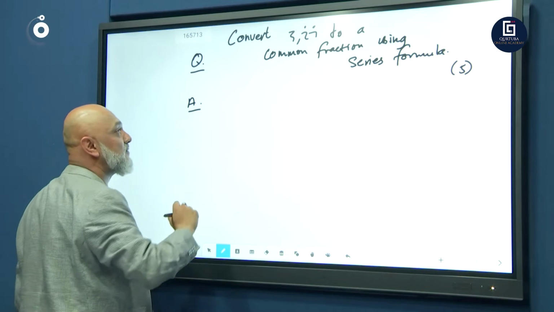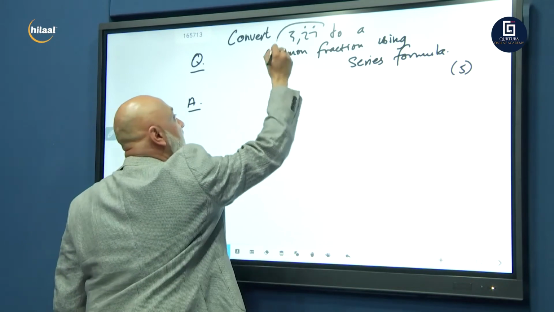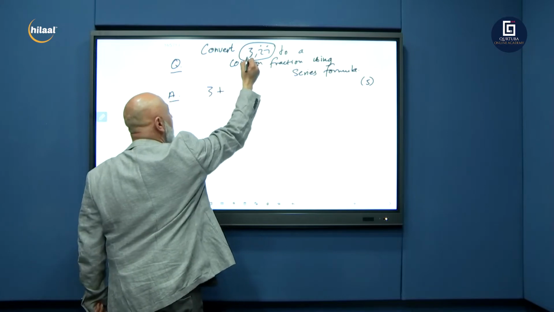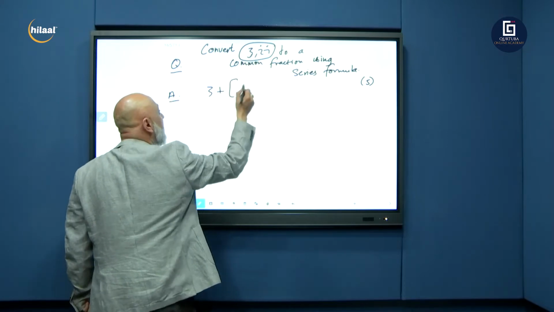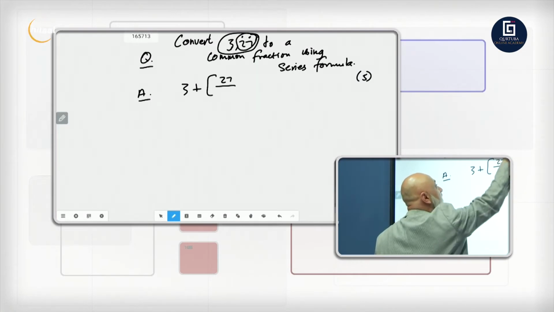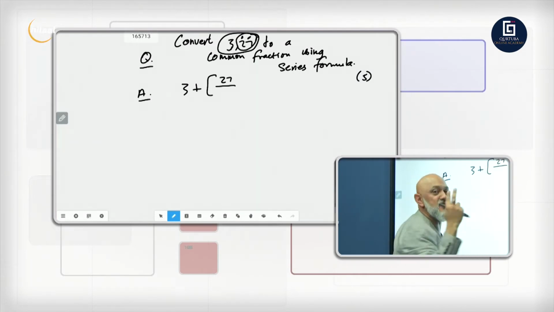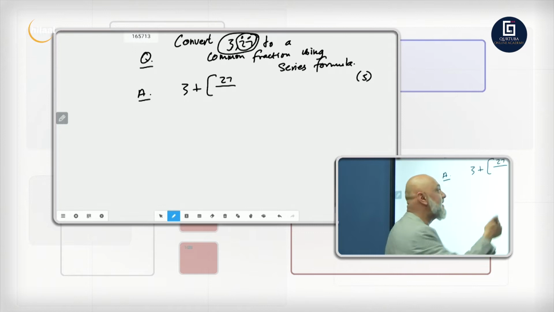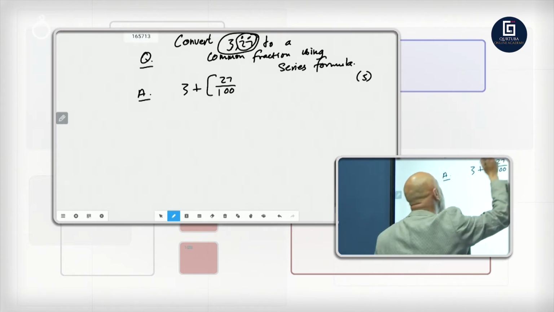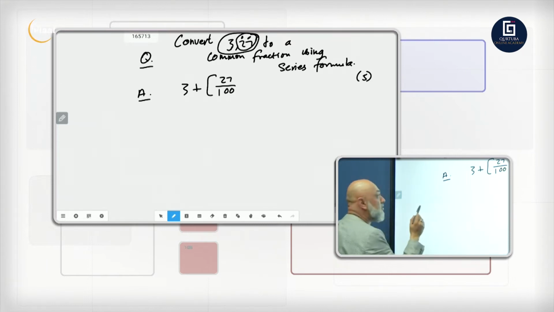Here's your answer. Okay, so we know 3,27 is going to be 3 plus whatever comes after the decimal. So this is going to be 27 over, 2 dots represent 2 zeros, 2 decimal places, and you know 2 zeros is 100. The next 27, remember, I'm going to move over to the side.